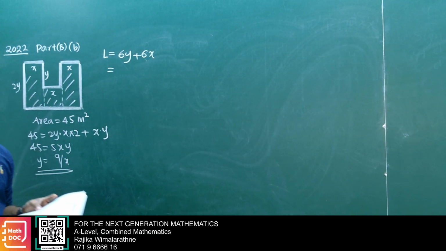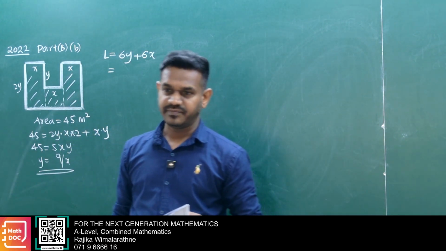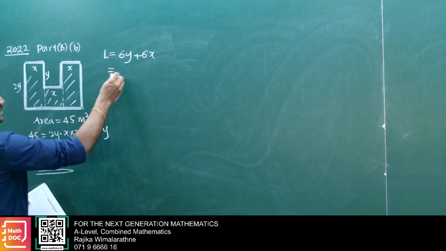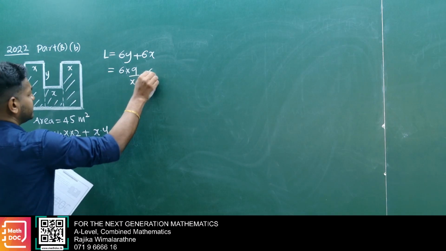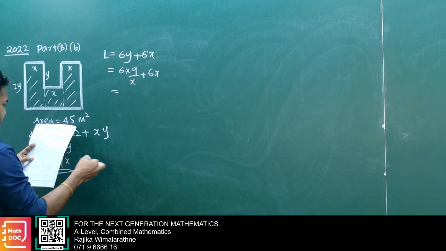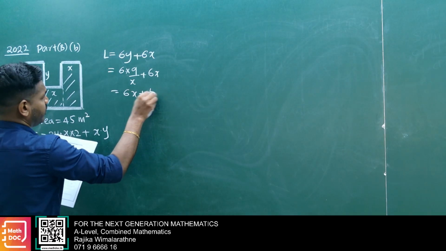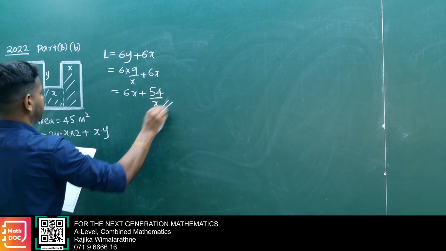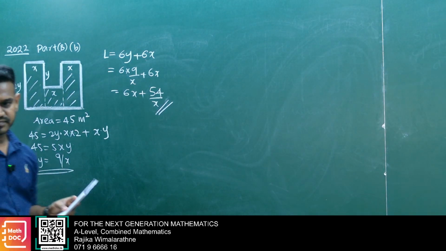Now you can convert it into a single variable. By this relation you can replace y. So 6x plus 54 over x. Here it is. Then x and y are both positive values. Here the function.